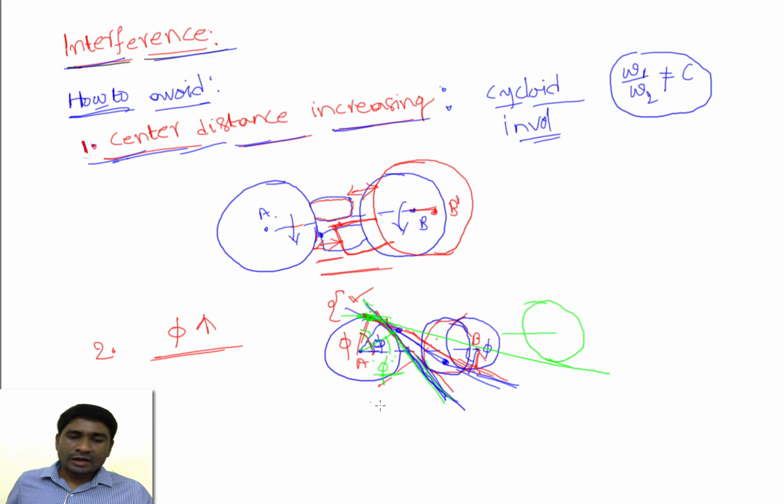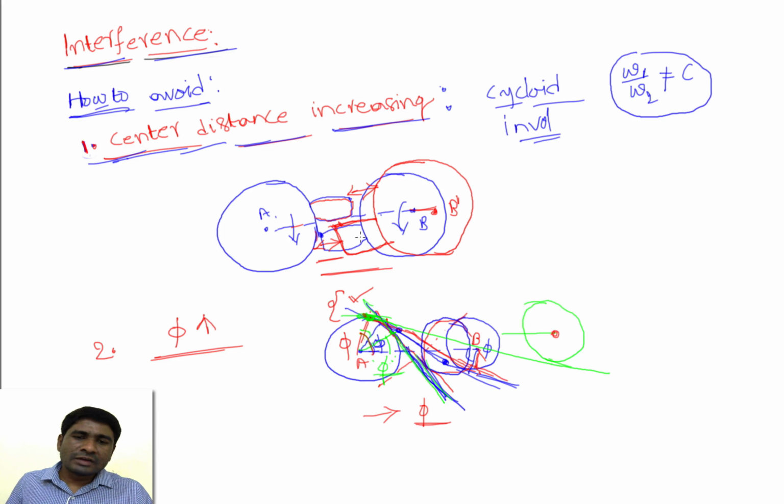So the insight I am trying to give here is, whenever you want to increase the phi value without changing any geometry of the gear, the only possible choice is increasing the center distance between these two gears.